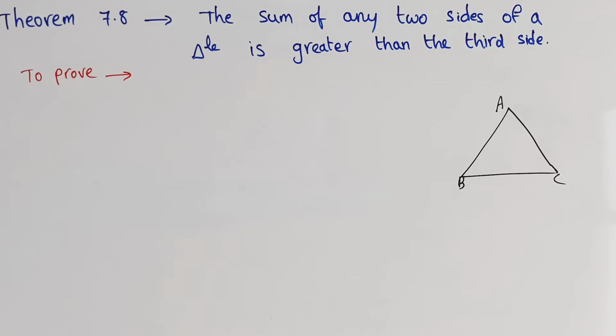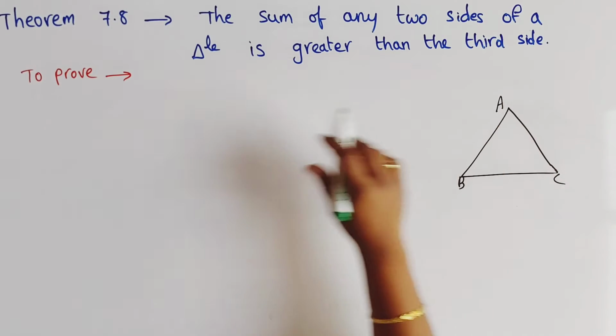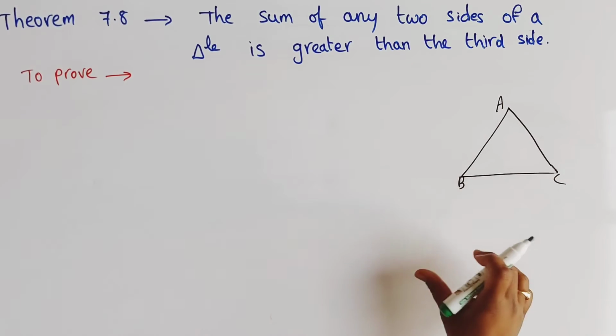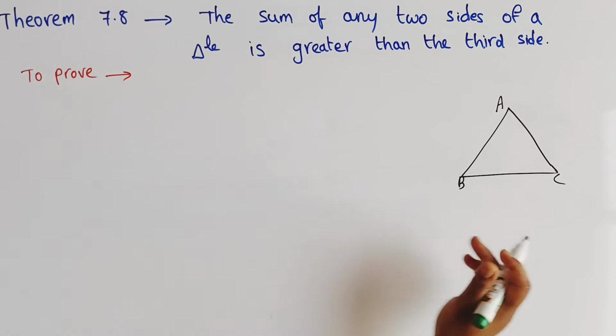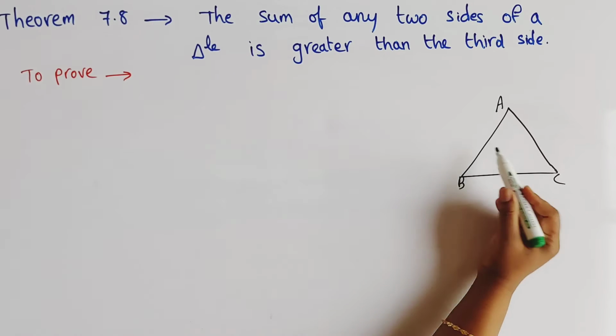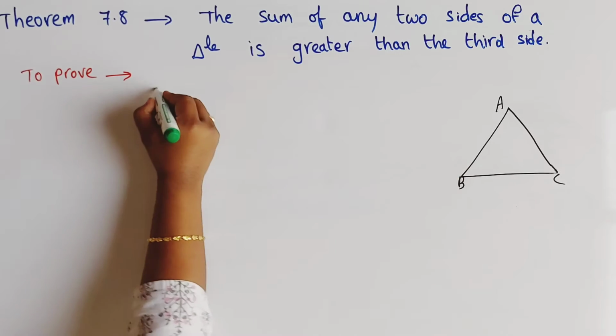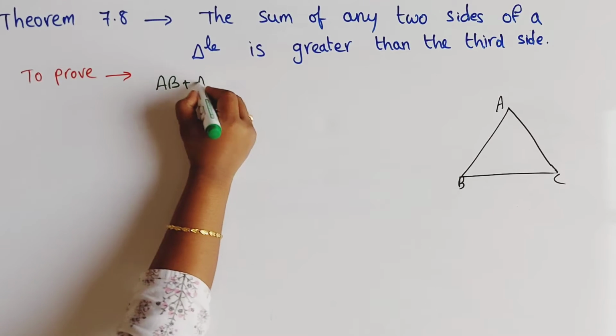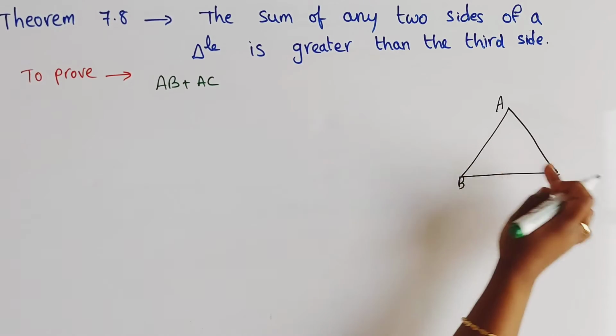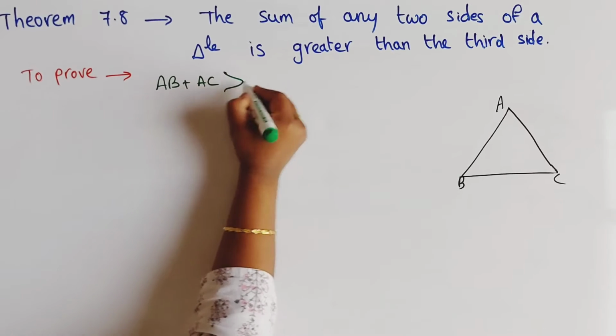Theorem 7.8, children: the sum of any two sides of a triangle is greater than the third one. So what do we have to prove? That means if you take these two sides, AB plus AC, the sum of these two sides is greater than the third side, BC.